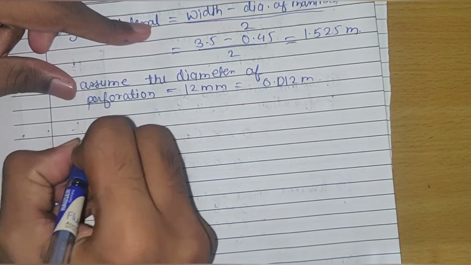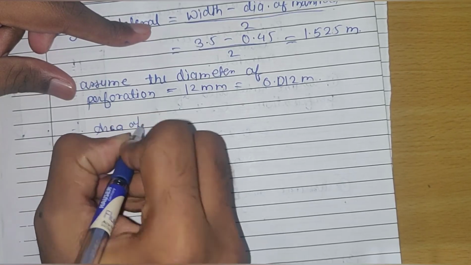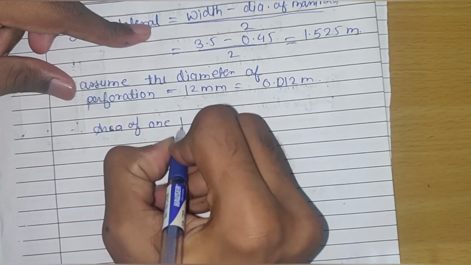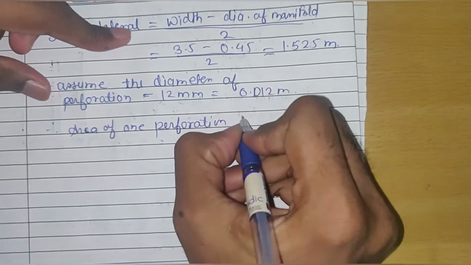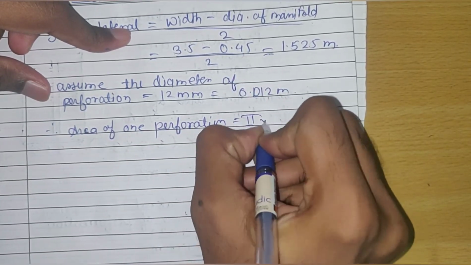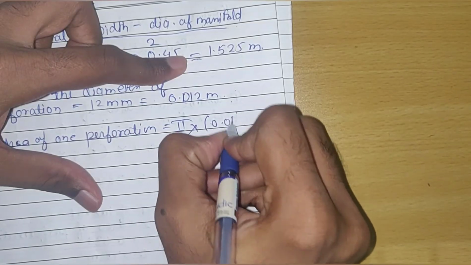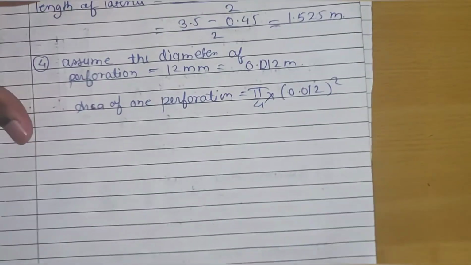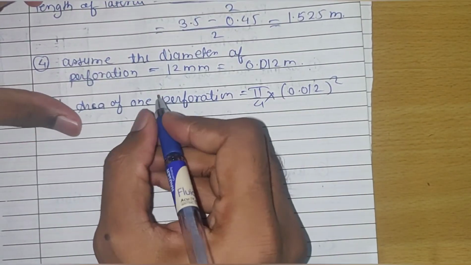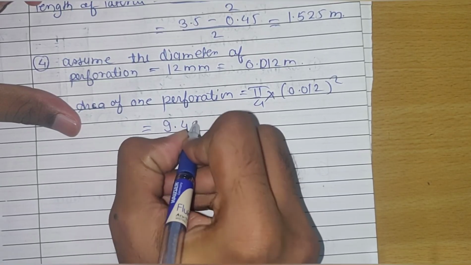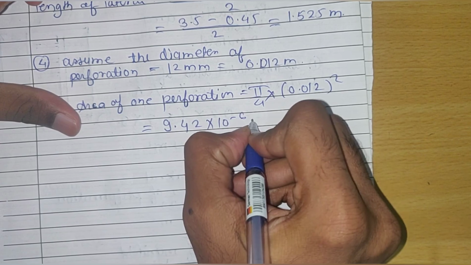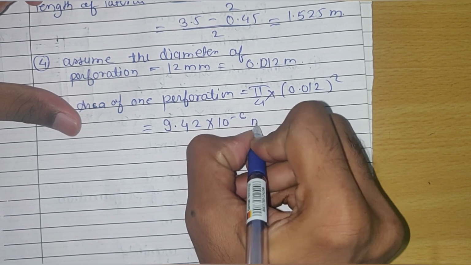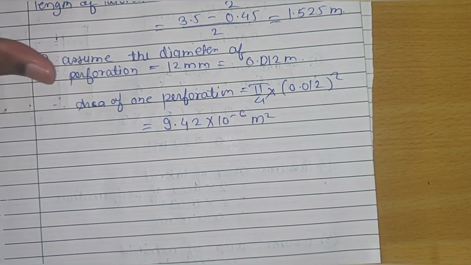So the area of one perforation will be pi by 4 into 0.012 square. So the area of one perforation will be 9.42 into 10 raised to minus 6 meter square.